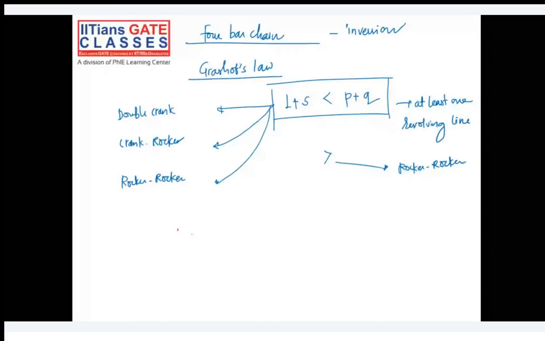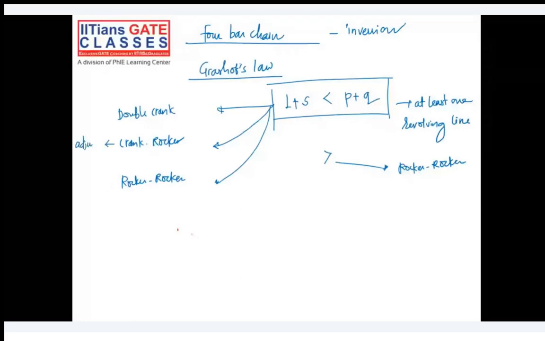So crank rocker is for adjacent to shortest, and rocker is for opposite to shortest. Okay, and if you fix the shortest link itself, then you will get a double crank. Is it correct?